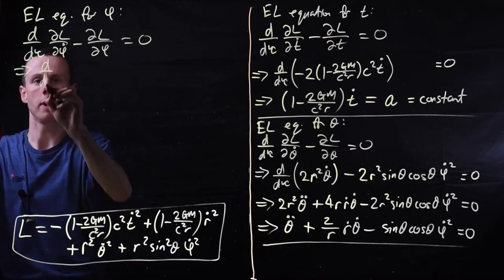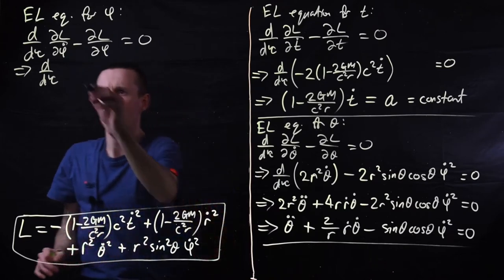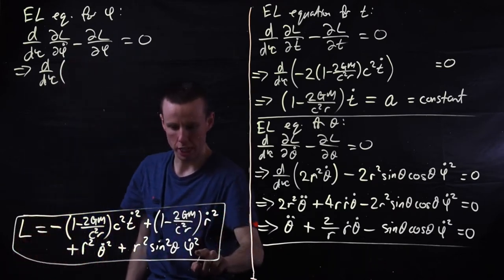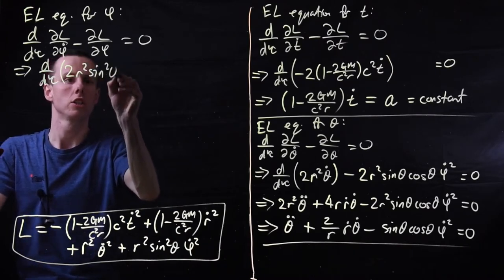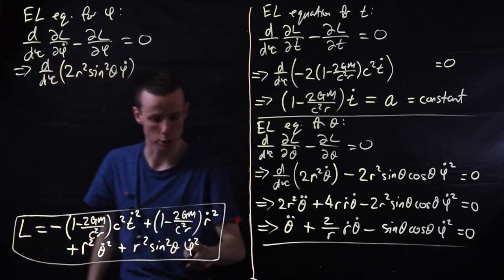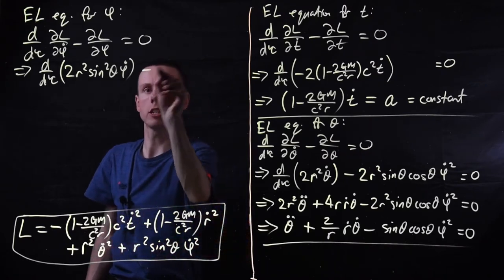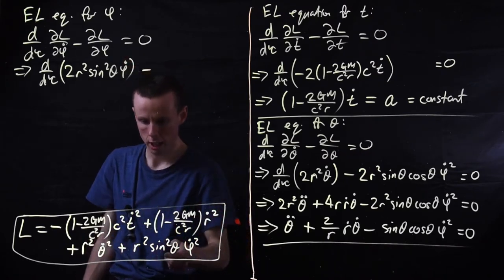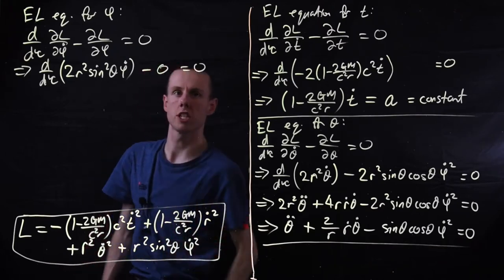Where does phi dot appear? Just here. So we will have 2r squared sine squared theta phi dot. That's what you get if you differentiate with respect to phi dot. And then minus dL by d phi. Well, phi itself doesn't appear anywhere, so that's just 0, and so this is equal to 0.